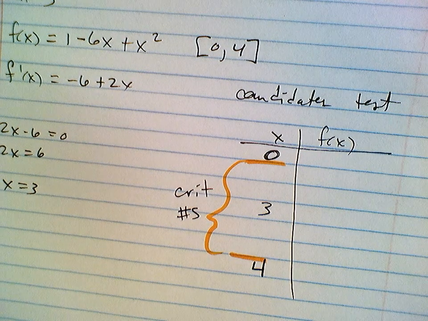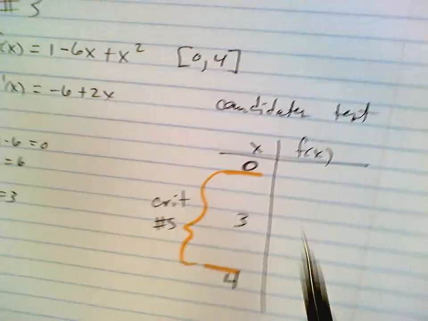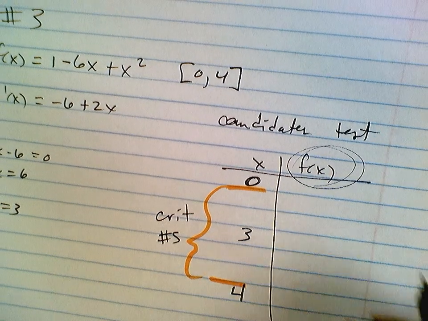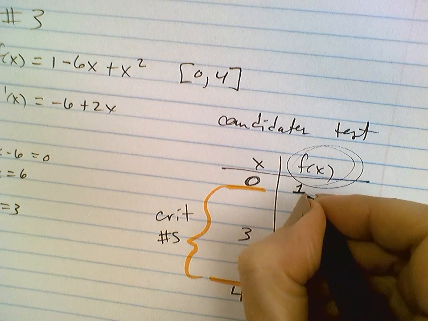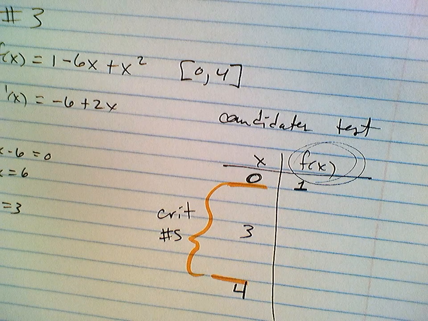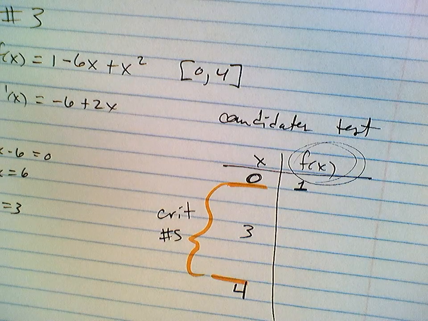And then you plug these values not into the derivative but into the original function. So if you plug 0 in, you get 1. If you plug 3 in, tell me this calculator works. It doesn't. Just a second.